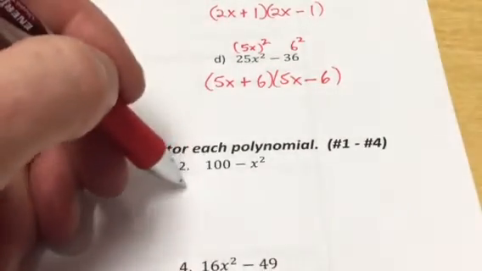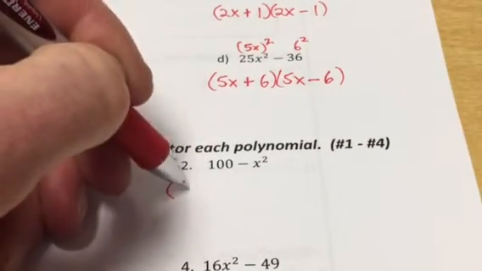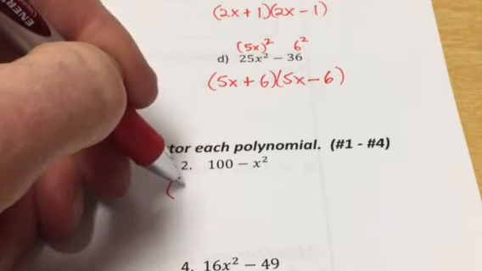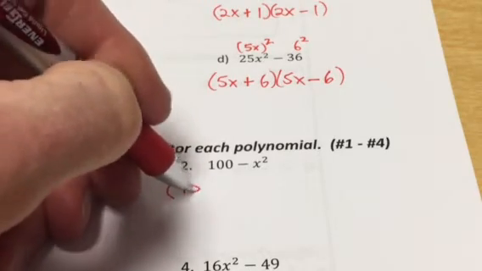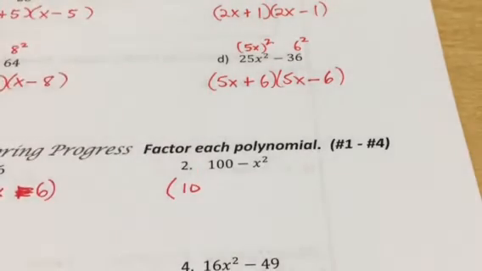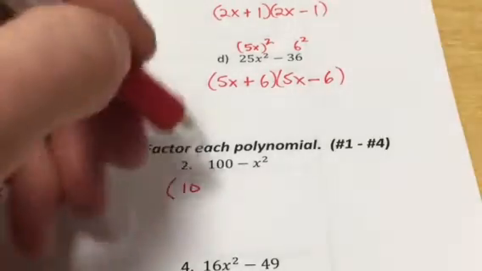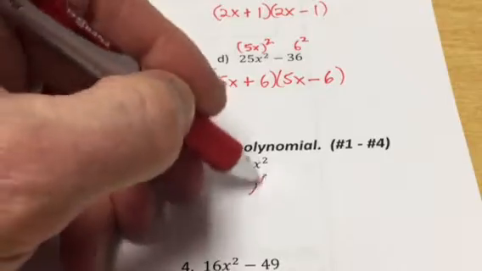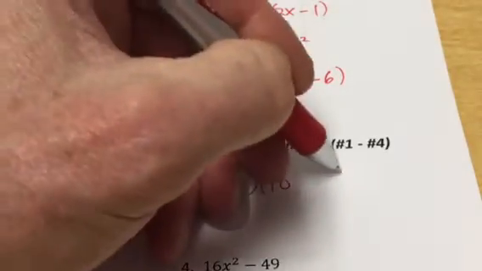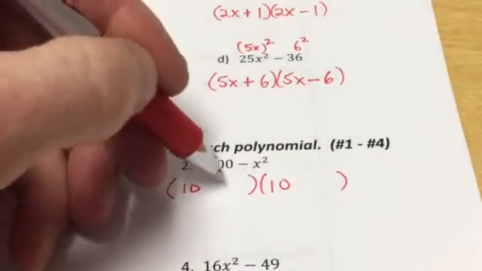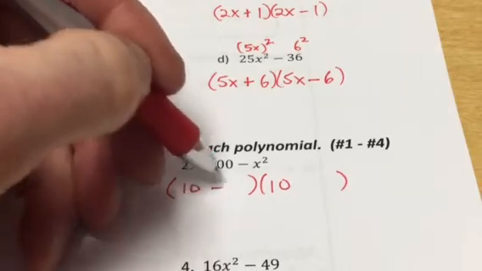Over here, 10 is playing the part of a, because the square of 10 is 100, and x is playing the part of b this time.